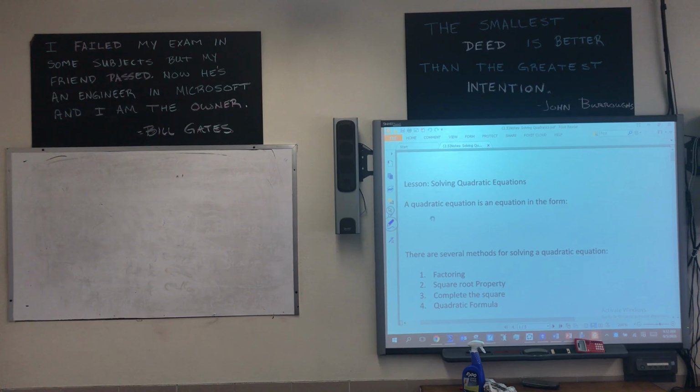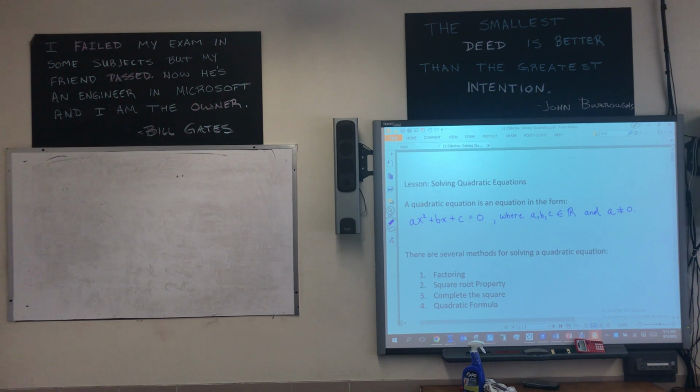So a quadratic equation is an equation of the form ax squared plus bx plus c is equal to 0, where a, b, c are elements of your real numbers, and a cannot be 0.